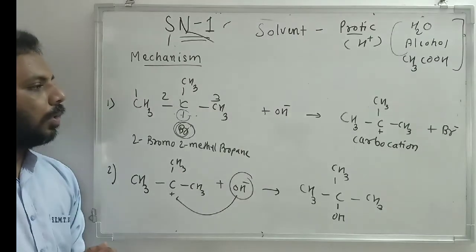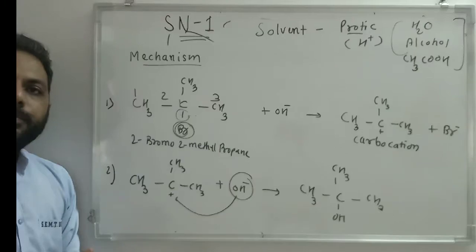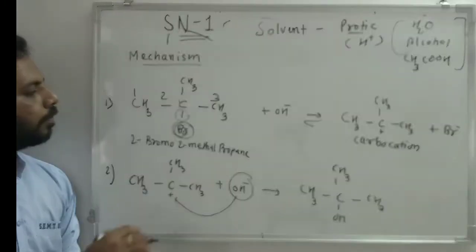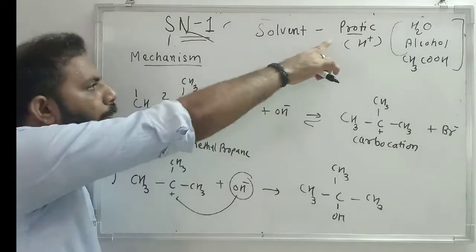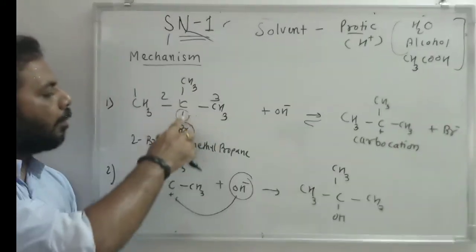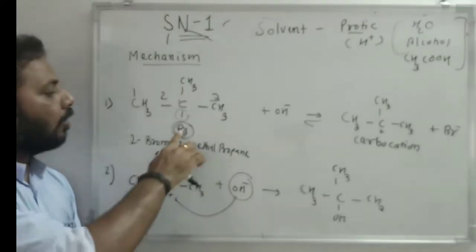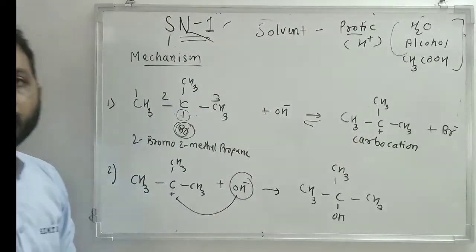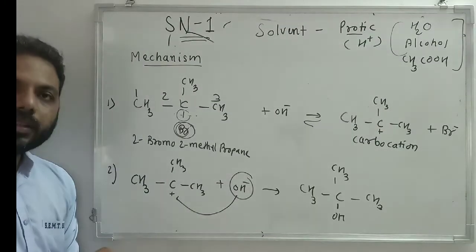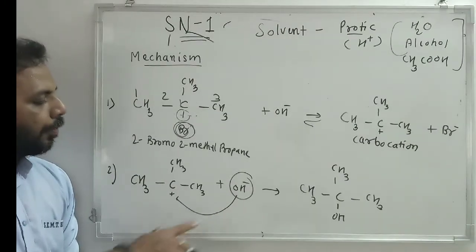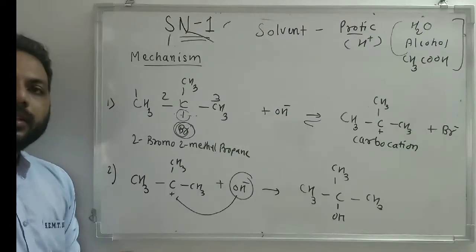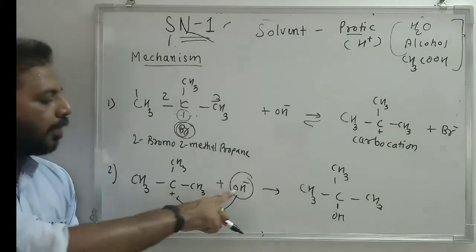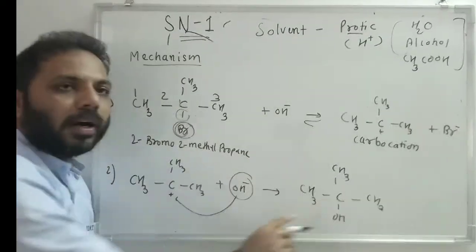Okay. So in first step, which is rate limiting step, in presence of protic solvent, the bond between carbon and halogen becomes weak and halogen is released as bromide ion and we will get carbocation. In second step, there is attraction of nucleophile which is having negative charge. So there is attraction between nucleophile and carbocation. So OH minus will attack on this carbon and it will form alcohol.